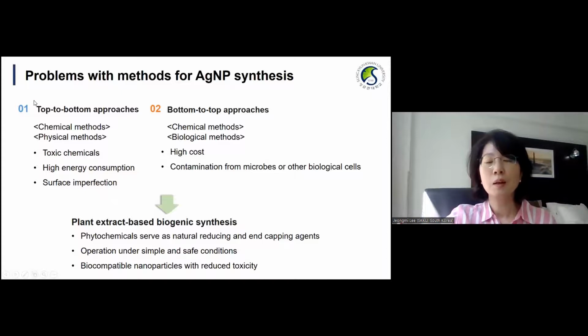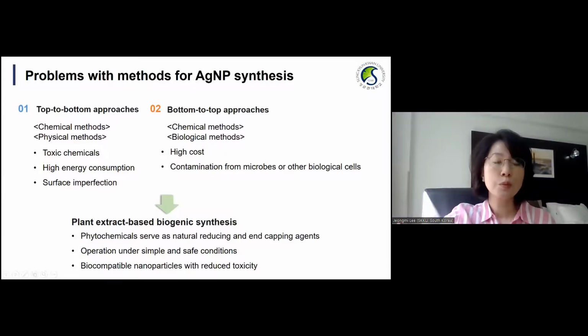But these conventional methods have some problems, such as toxic chemicals that may be needed for chemical methods, and high energy consumption or surface imperfection that may occur in physical methods, and maybe high costs. Biological methods are quite favorable because they are eco-friendly and quite safe, but there are still some issues with potential contamination from microbes or other biological cells.